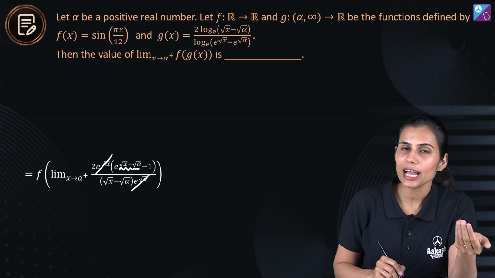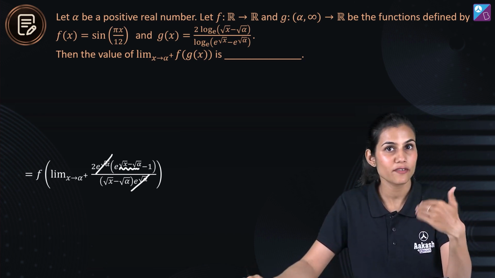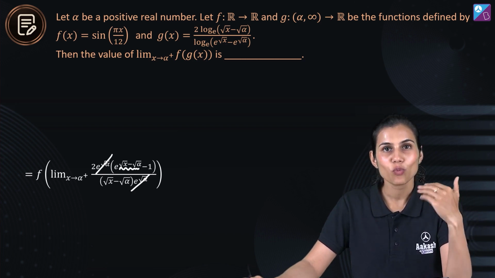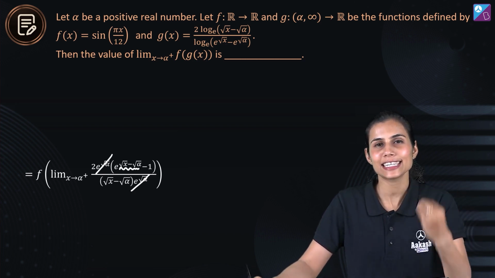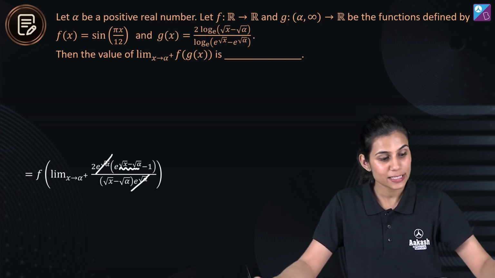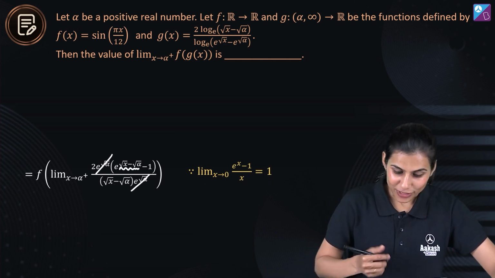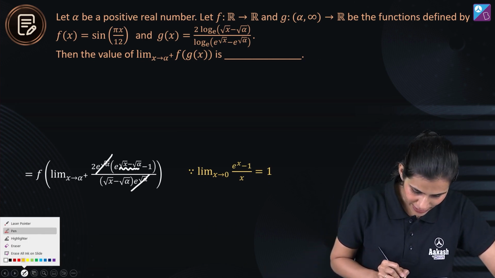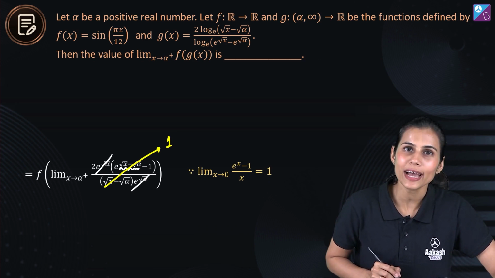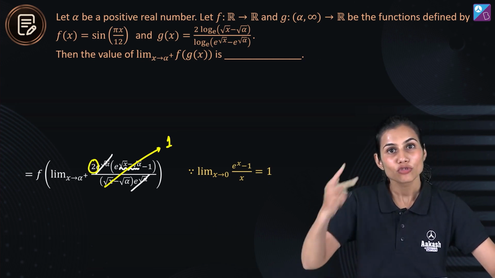If x is approaching alpha from the positive, root x will approach root alpha, and hence root x minus root alpha will approach 0. So what is this format? Isn't this the standard format? E to the power x minus 1 upon x as x approaches 0 is 1. Right? So this entire expression is going to have its limit as 1 and you have an additional 2 outside. So the limit is coming out to be 2.